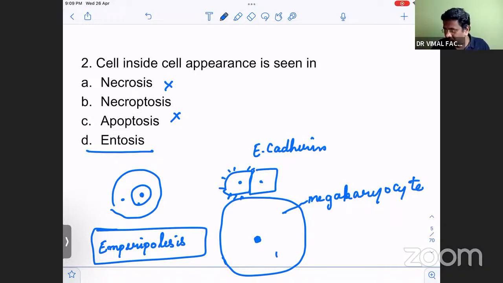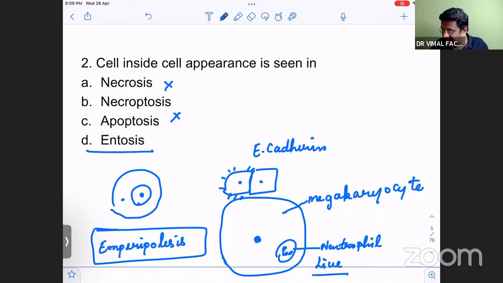So there will be some neutrophils or lymphocytes which will just pass through the cytoplasm of the megakaryocyte. That means the neutrophil is also inside the megakaryocyte, but this cell is live.